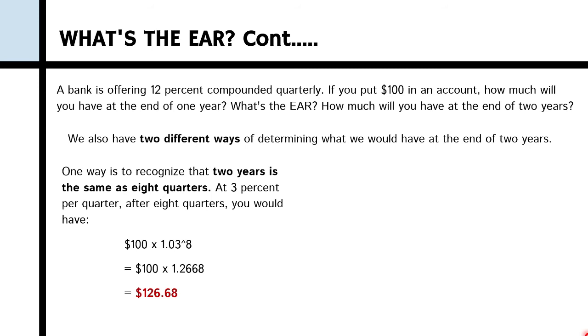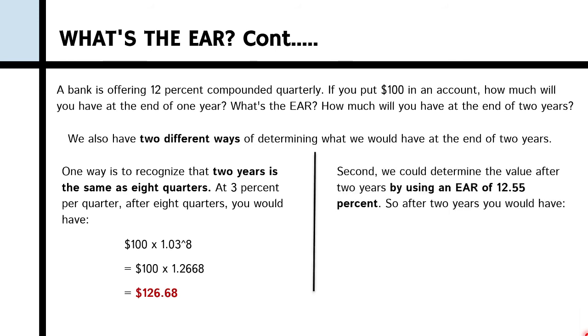The $100 is the amount you put into your account, the 1.03 comes from the interest per quarter, and the 8 is the total number of quarters in 2 years, because 1 year has 4 quarters and we have 2 years, so the quarters sum to 8.